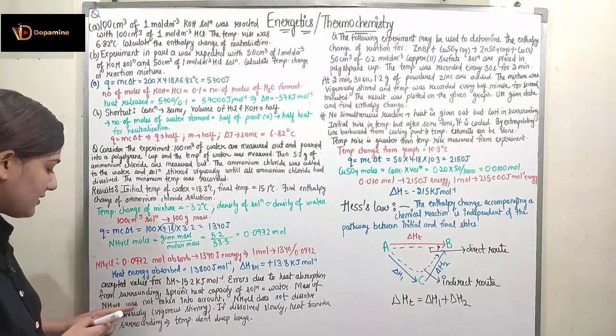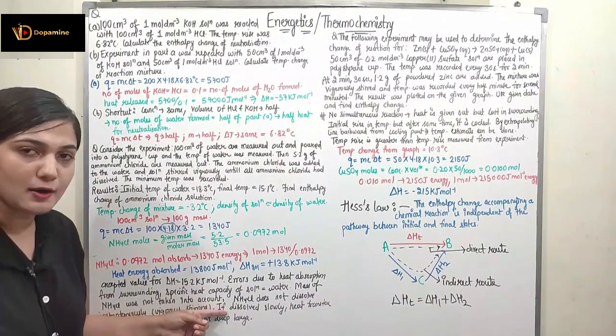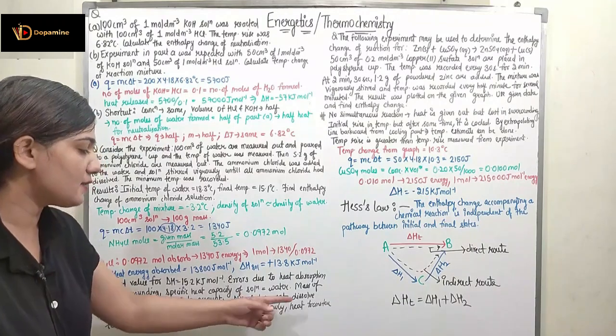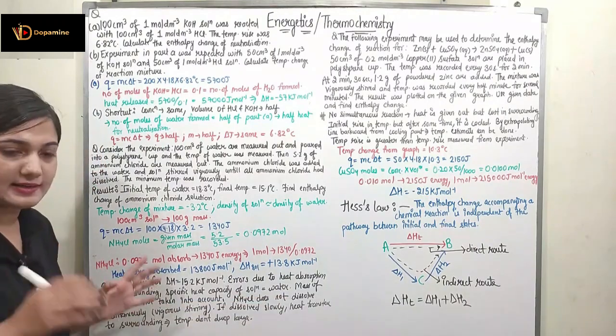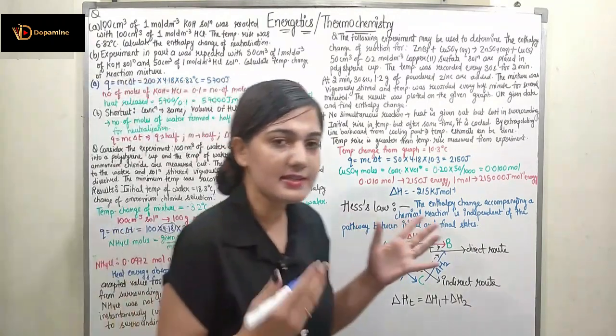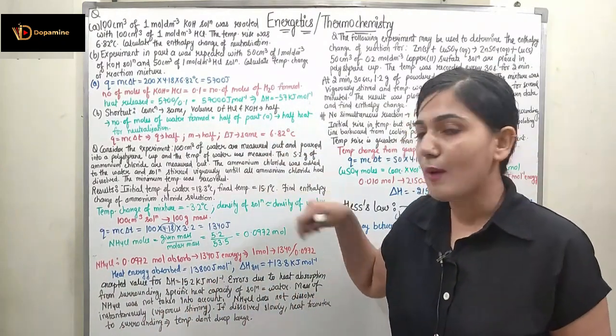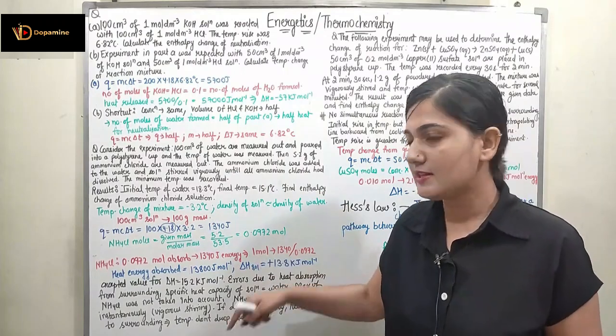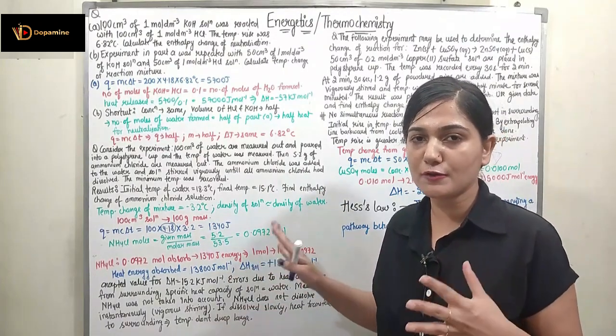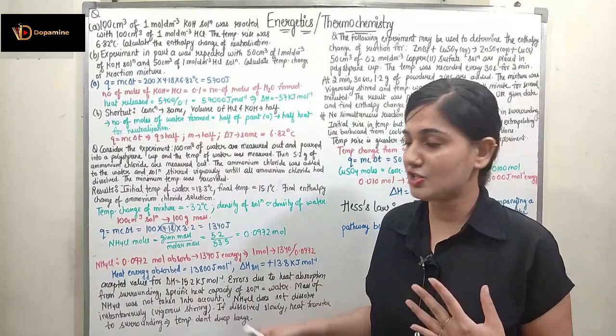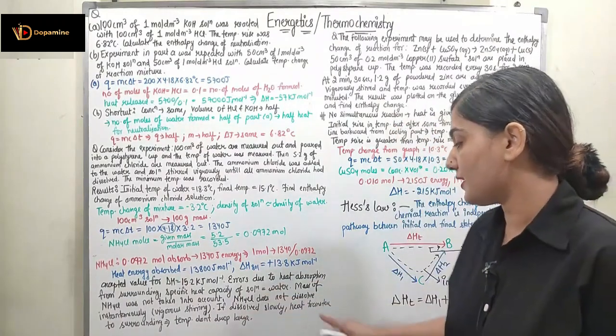Mass of NH4Cl was not taken into account, right? NH4Cl does not dissolve instantaneously, right? Because it is not dissolving instantaneously, and what we have done in the question is vigorous stirring. So all of the NH4Cl is not going to dissolve, and we have not considered the additional mass of NH4Cl.